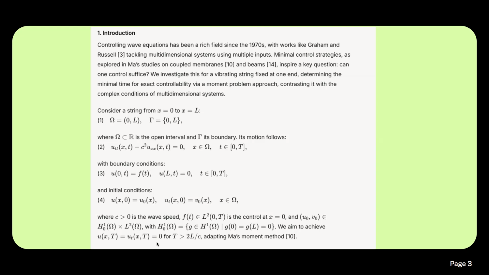We aim to achieve u(x,T) equals u_t(x,T) equals 0 for T larger than 2L/C. And this 1D wave system is, if we were coupling it to the 2D system, okay? We will see the result will be different.